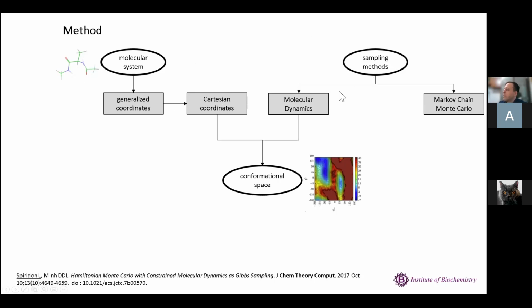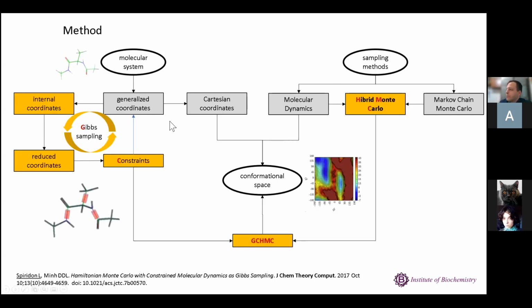And then you take a sampling method such as molecular dynamics, which after you run it for a long time, comes to resemble and to search the whole conformational space that you need. Or you can do Markov Chain Monte Carlo methods where you can change the conformation little by little until you search the whole space.